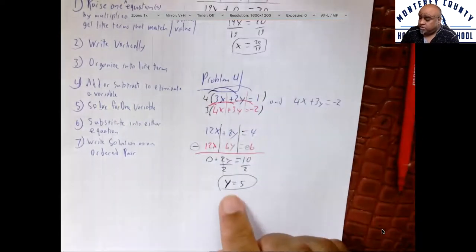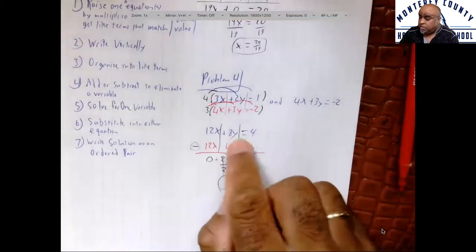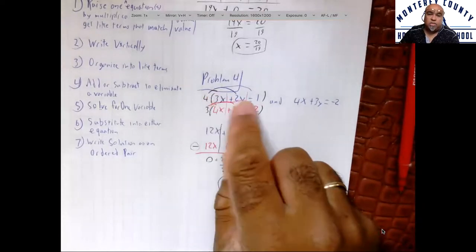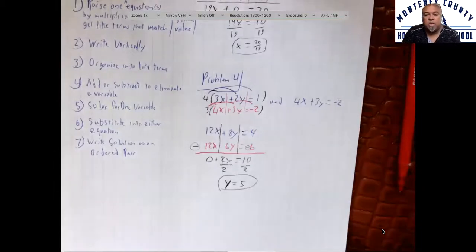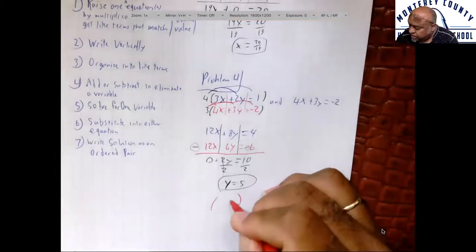Same here, I have to substitute y, the value of y, 5, back into either the blue equation or the red equation here. Or, forgive me, I can go back to the original equations. I don't have to go to the ones that were raised by multiplication to get my value for x, okay? Because your answer is going to be an ordered pair.